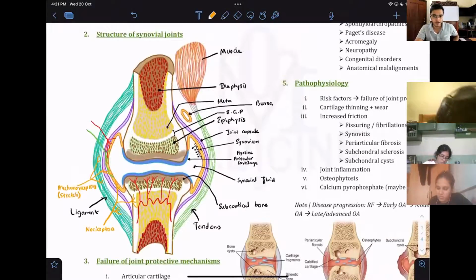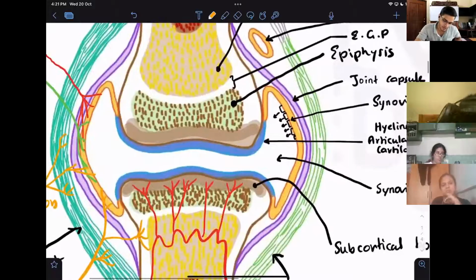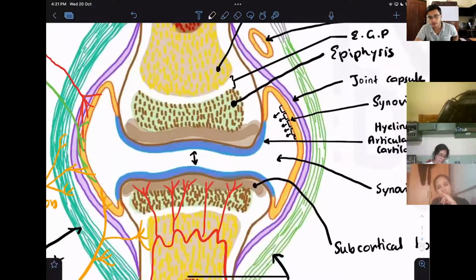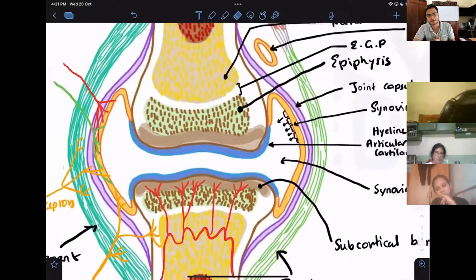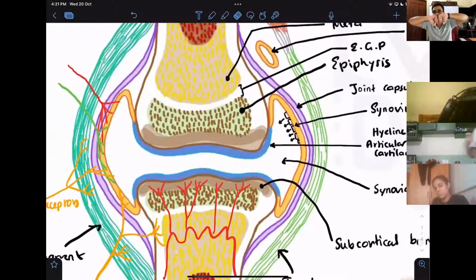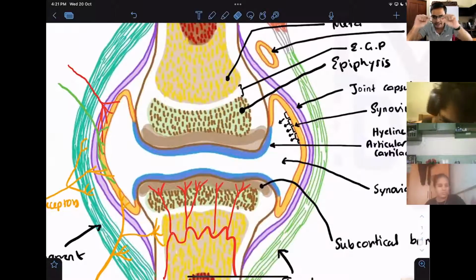Now, if you all notice, guys, I have drawn a gap between these two cartilages. Actually, between the cartilages there is not much of a gap. There is only a very thin layer of synovial fluid. I have drawn it exaggerated for us to get a clearer picture. But usually these articular cartilages are almost touching together, with a very thin layer of synovial fluid passing through.